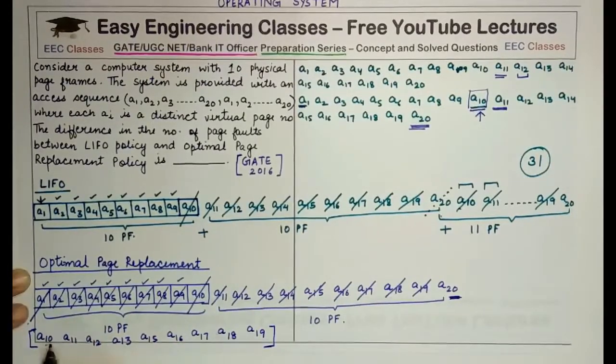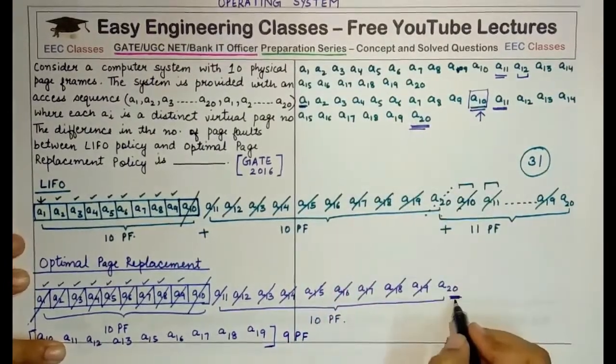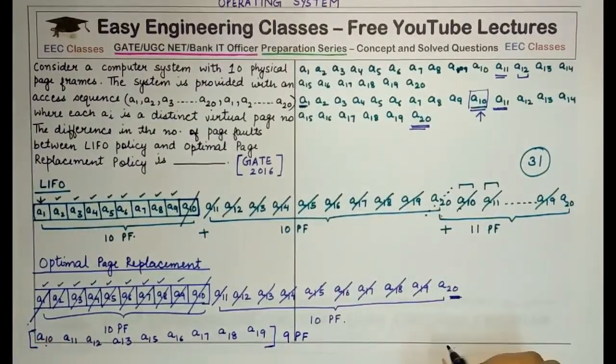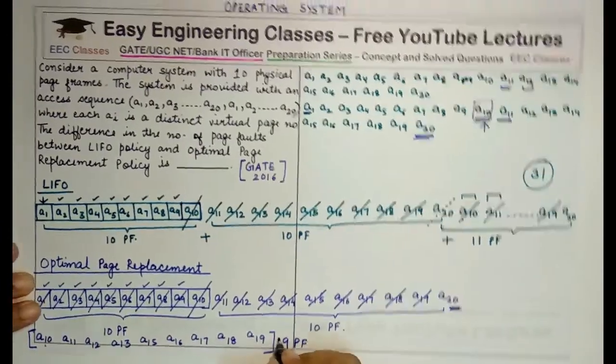So this would give me a total of 9 page faults. Now when I come to A20, A20 is already present, so, sorry, this would give me a total of 10 page faults.